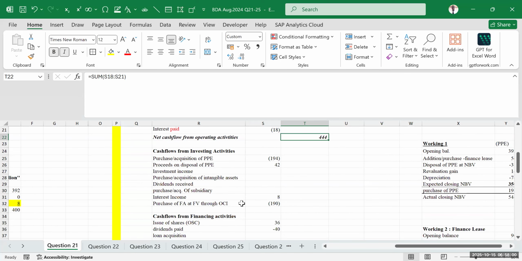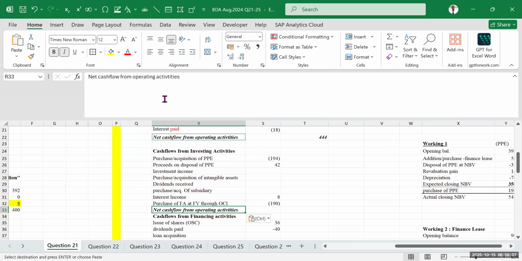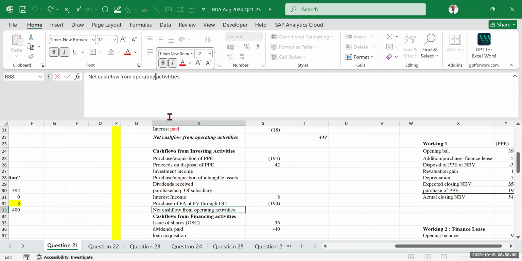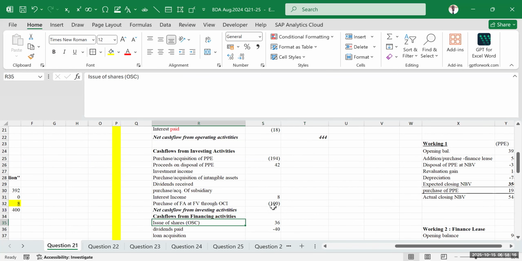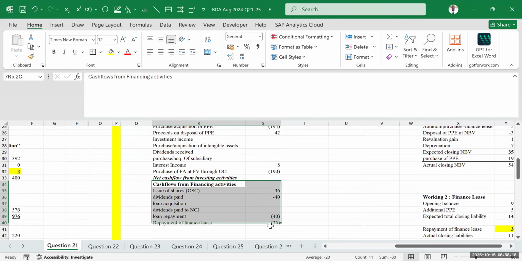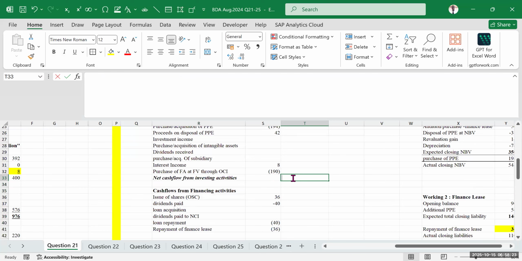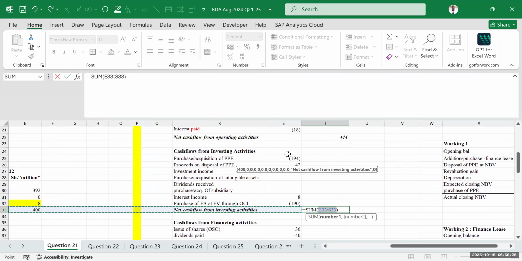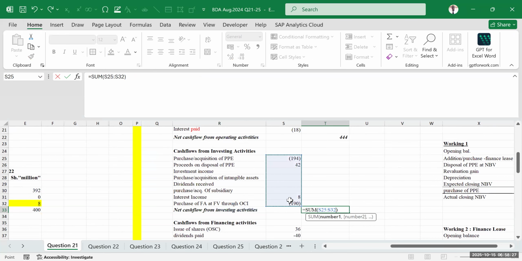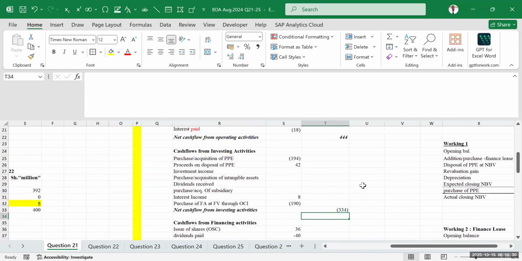Then I go again to cash flow from investing, and I want to do the same. I want to get the total net effect. Members, I've told you to check if there is something we are leaving out so that we do not really move when there is a pending case. I'm just getting the total net effect like this, and I'm having negative 334.